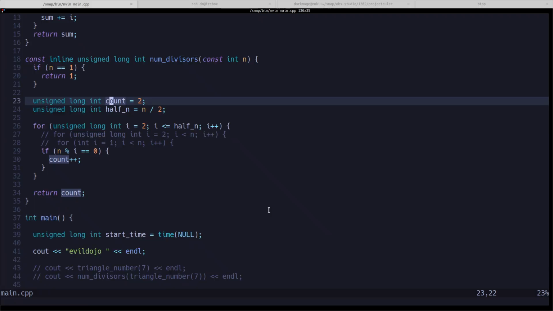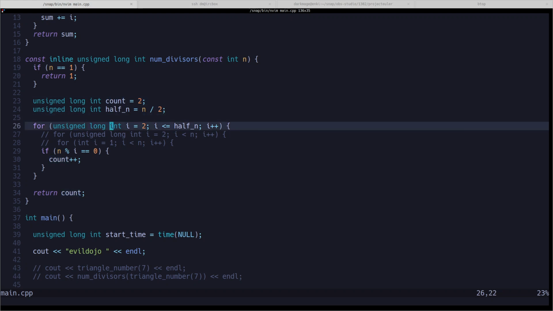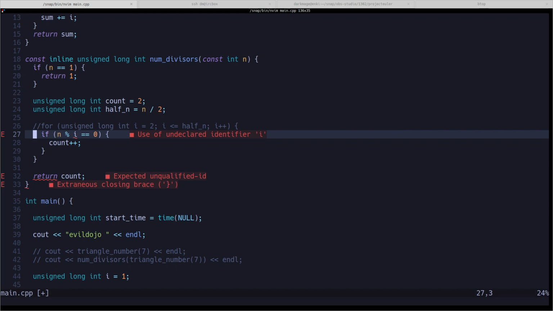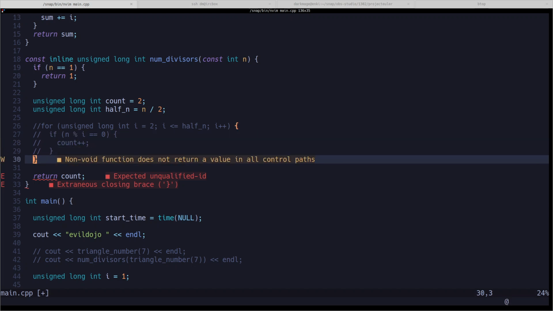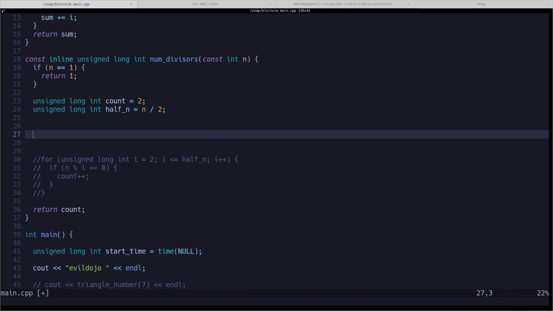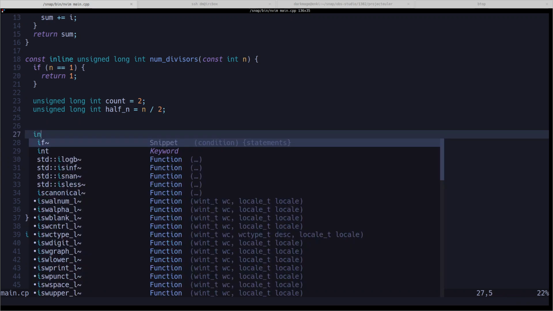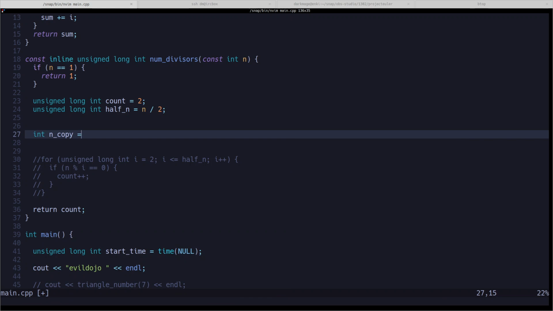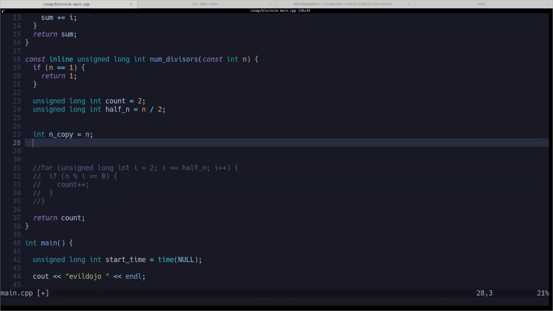So I'm thinking if we take the initial n and then we start stepping down from half n, right?